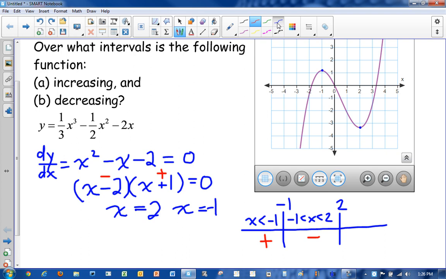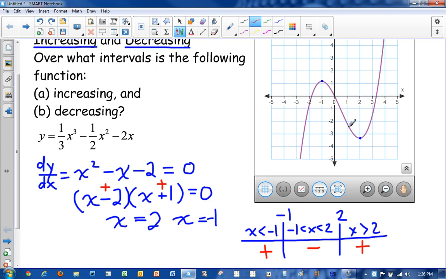And then if I want to look at my last interval, which is everything bigger than 2, I can pick a number that's bigger than 2, like 3. And 3 minus 2 is positive. 3 plus 1 is still positive, so I have a positive times a positive, which is positive. That means that the derivative is positive everywhere after 2, meaning that the original function is increasing everywhere after 2. And that's exactly what this graph shows.